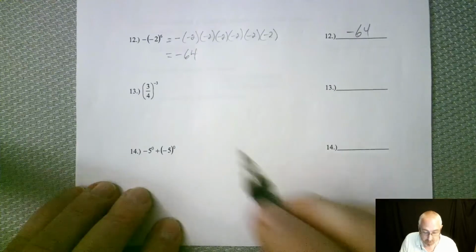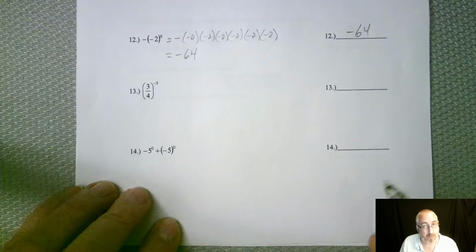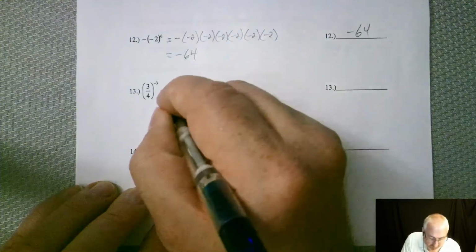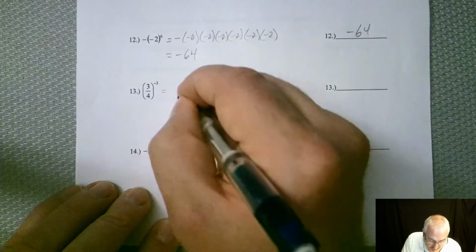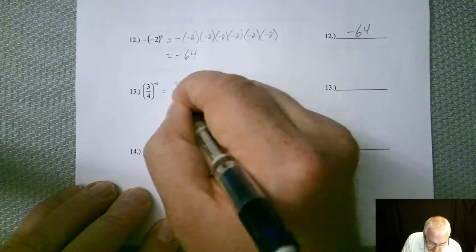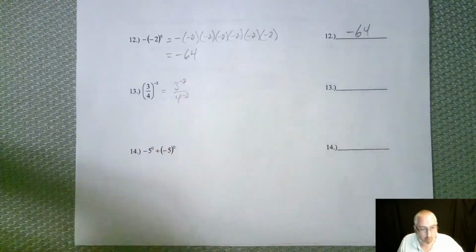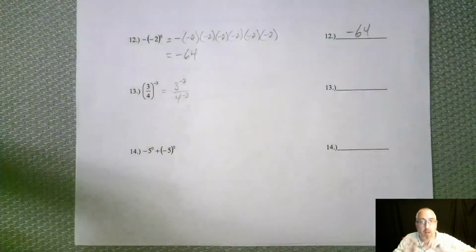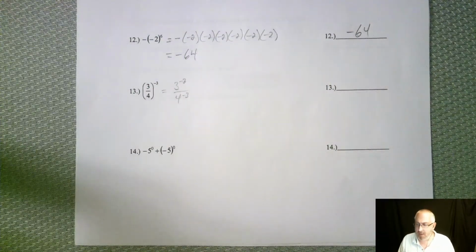Now number 13, though, has got a negative exponent. Well, let's first get rid of the parentheses, just like we did up with number 11. If we distribute that exponent onto the top and the bottom, we have that. So what's the rule say about negative exponents?